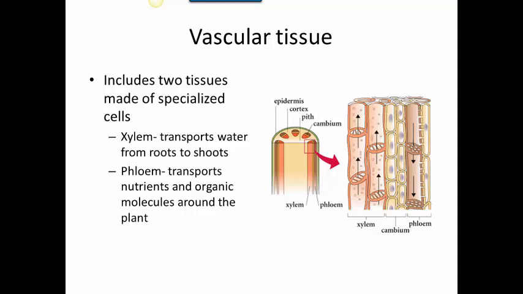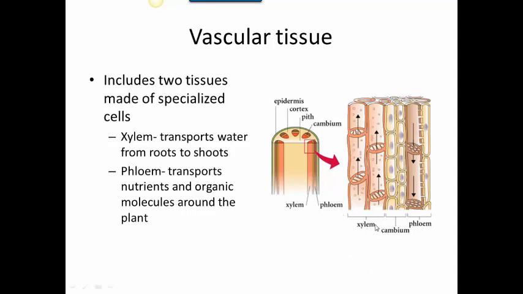So the water is present in the soil, but remember, it's a requirement for photosynthesis. So that water has to get up to the leaves because that's where photosynthesis is occurring. Of course, those plant leaf cells also require water in order to maintain turgor pressure. So the xylem is what's moving water up from the roots of the plant to the shoot.